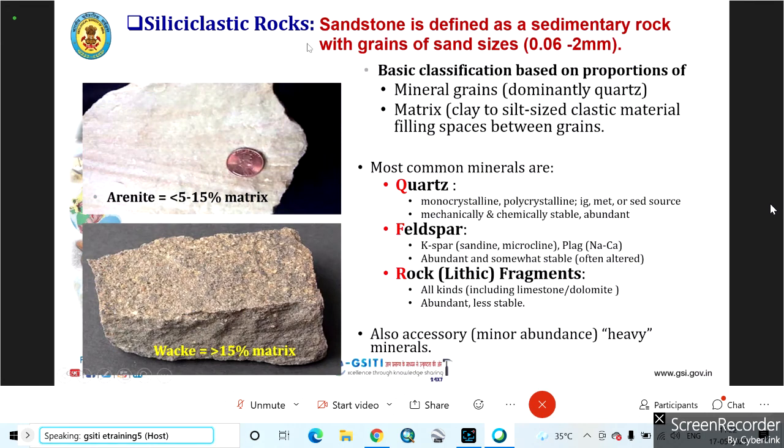Sandstone is defined as a sedimentary rock with grains of sand size from 0.06 to 2 millimeter. So the basic classification of sandstone is based on the proportion of the mineral grains, dominantly quartz, and the matrix. The most common mineral in the sandstone is quartz, that is monocrystalline. What is monocrystalline?